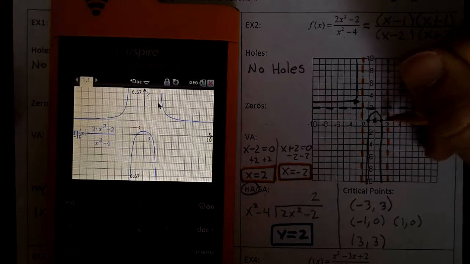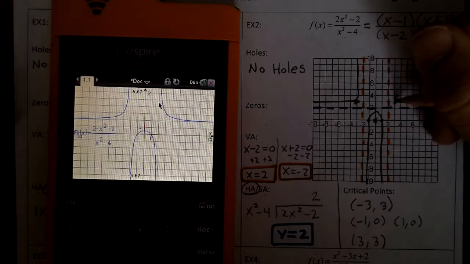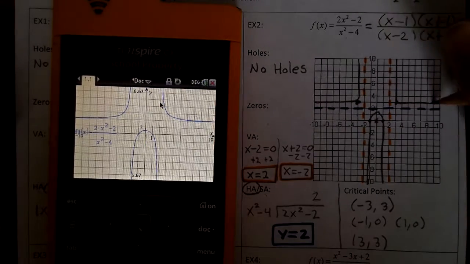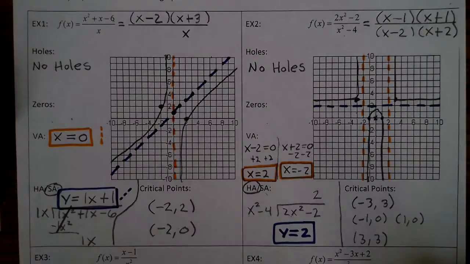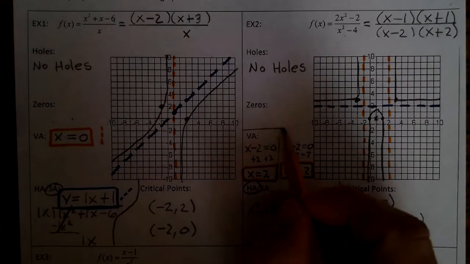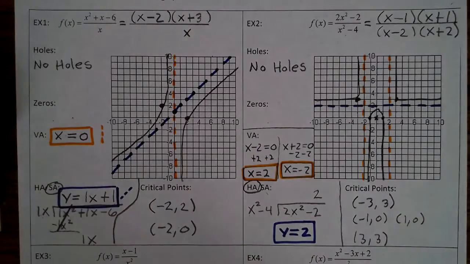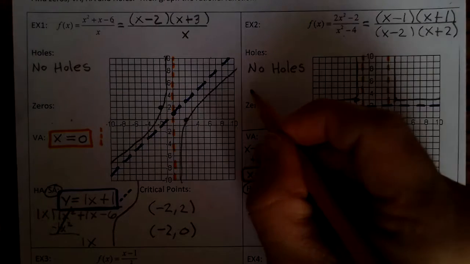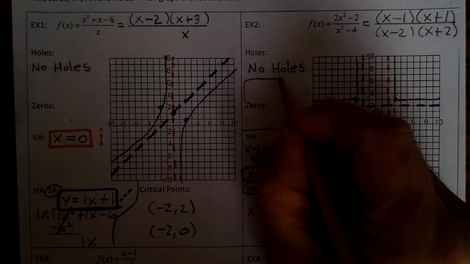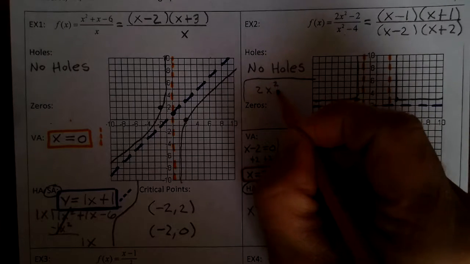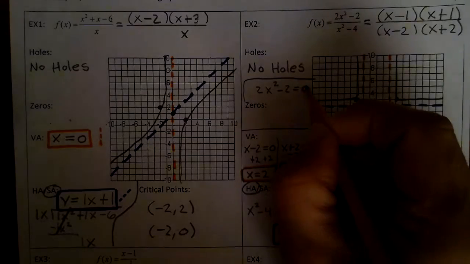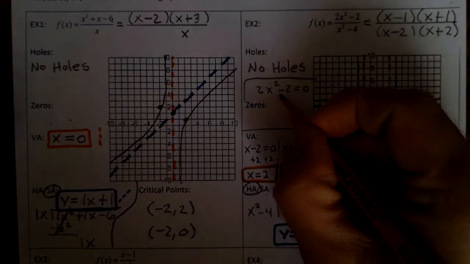Now, to find the zeros, we set the numerator equal to 0. So we have 2x squared minus 2 equals 0. We add 2 to both sides, so you get 2x squared equals 2.